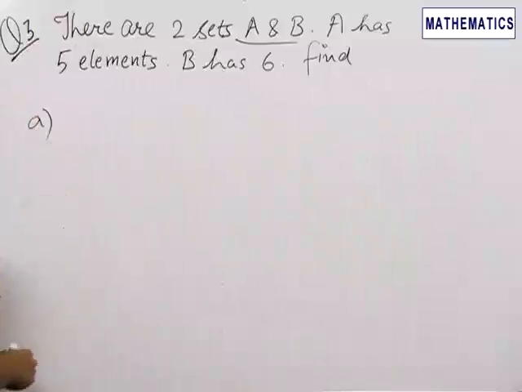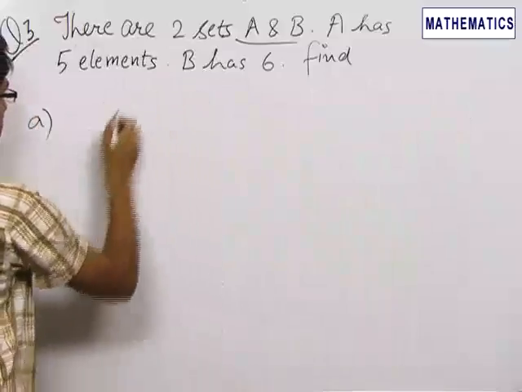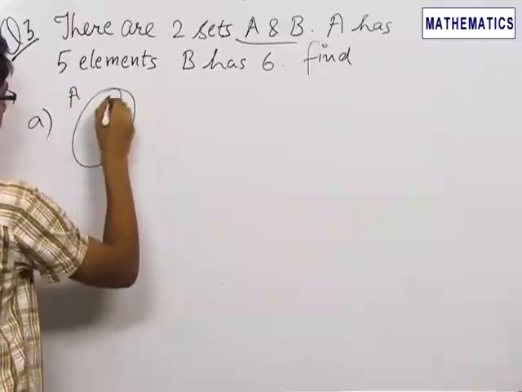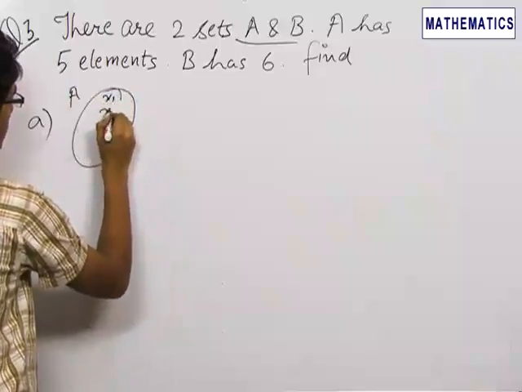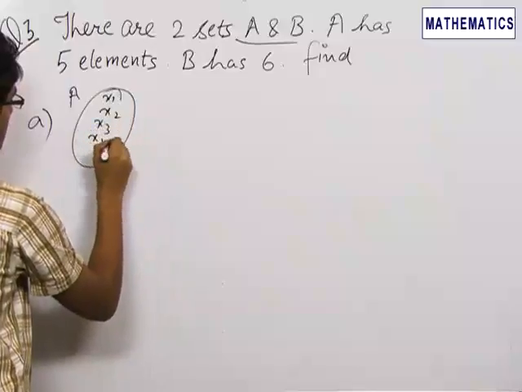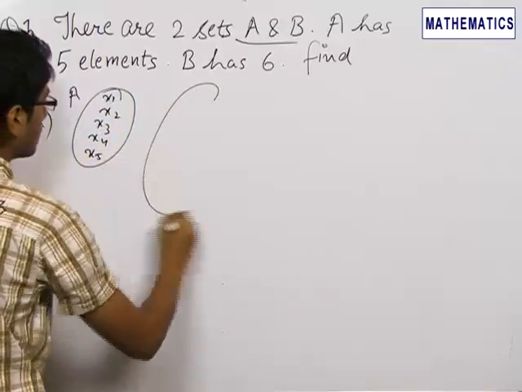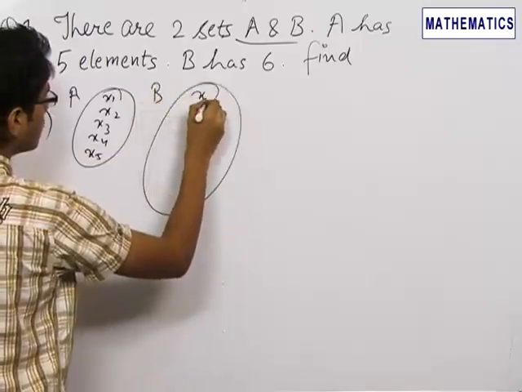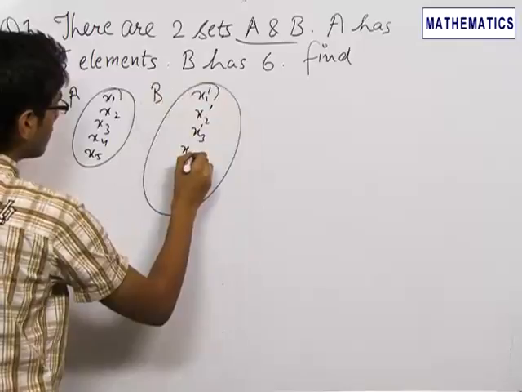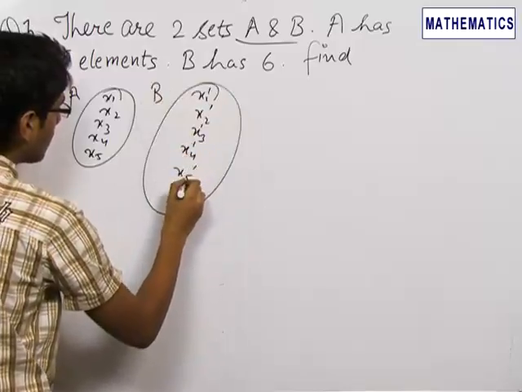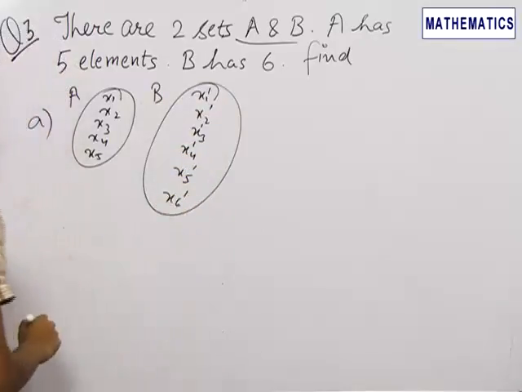First, total functions possible from A to B. This is A with the elements x1, x2, x3, x4 and x5, and this is B with x1 dash, x2 dash, x3 dash, x4 dash, x5 dash and x6 dash.